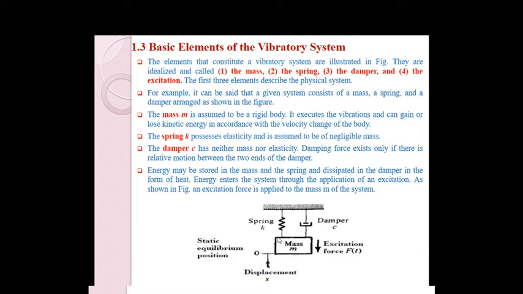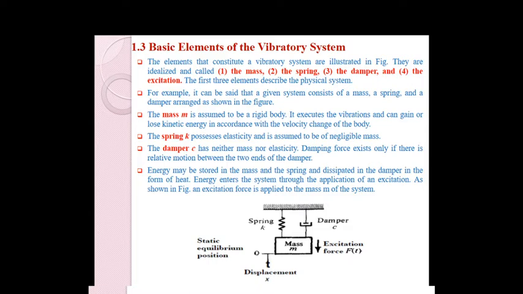When the system is at mean position and we displace it to one of the extreme positions by applying a force and then release the force, the system moves from the extreme position towards the mean position.